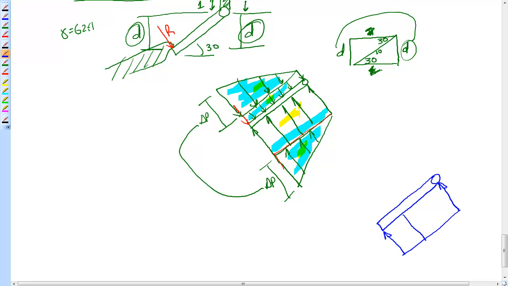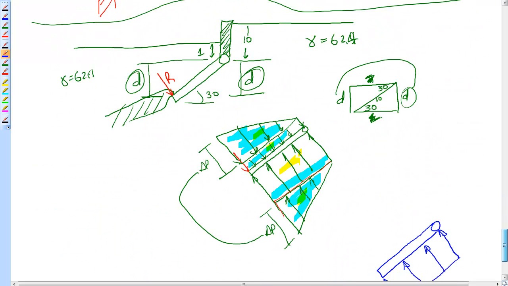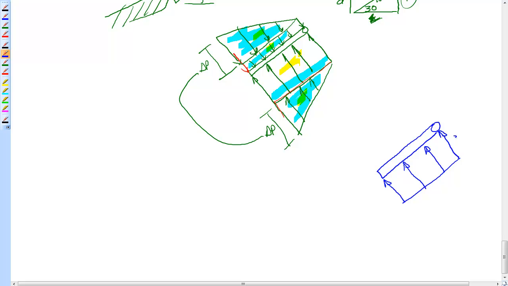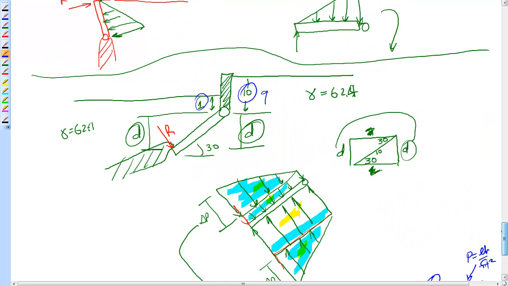Nothing more than a flat load sitting here, in which the difference between this number and that number is 9. So that would be 9 times 62.4. That's the pressure right there, in pounds per square foot.